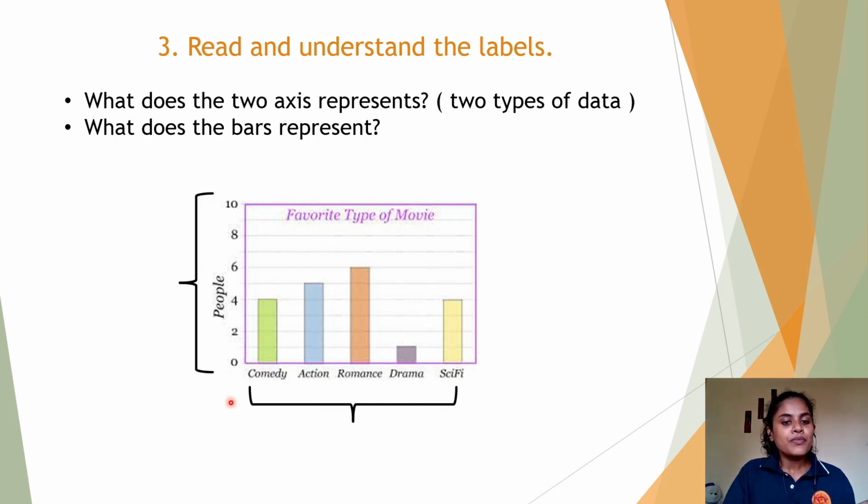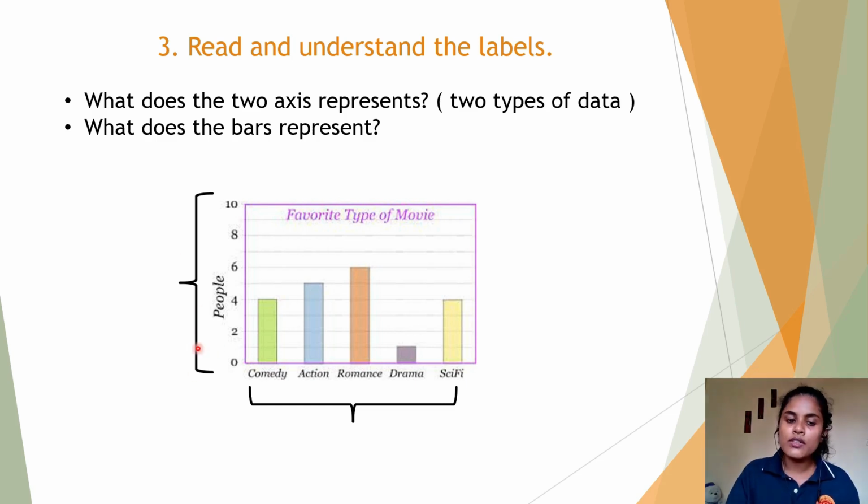So the x-axis represents the favorite types of movies. To know the favorite type, the y-axis is there, showing the number of people who are interested in comedy, action or romance, likewise for a particular type of movie, how many people there are.